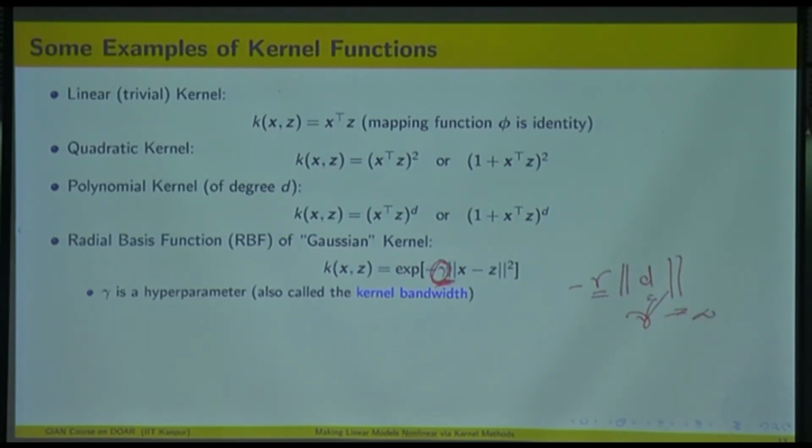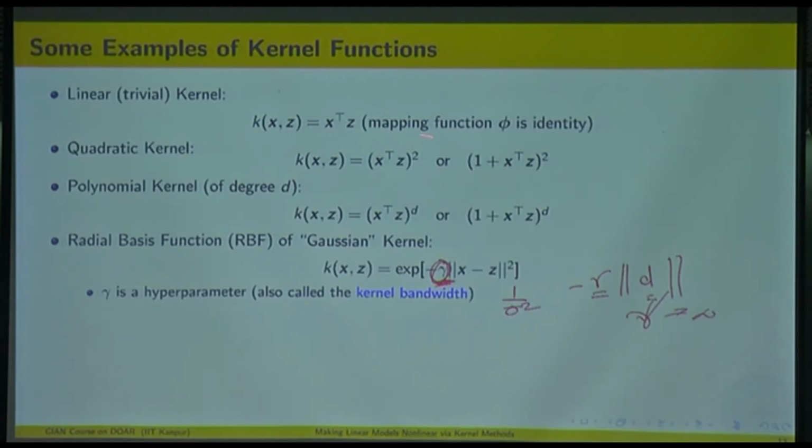Note that at some places you would see a different notation, where instead of gamma you see 1 over sigma squared. There the notion will be different: if sigma is close to 0, then gamma tends to infinity. So in that notation, if sigma is close to 0, again it means you are considering very immediate neighborhoods. Okay, so that's the RBF kernel.